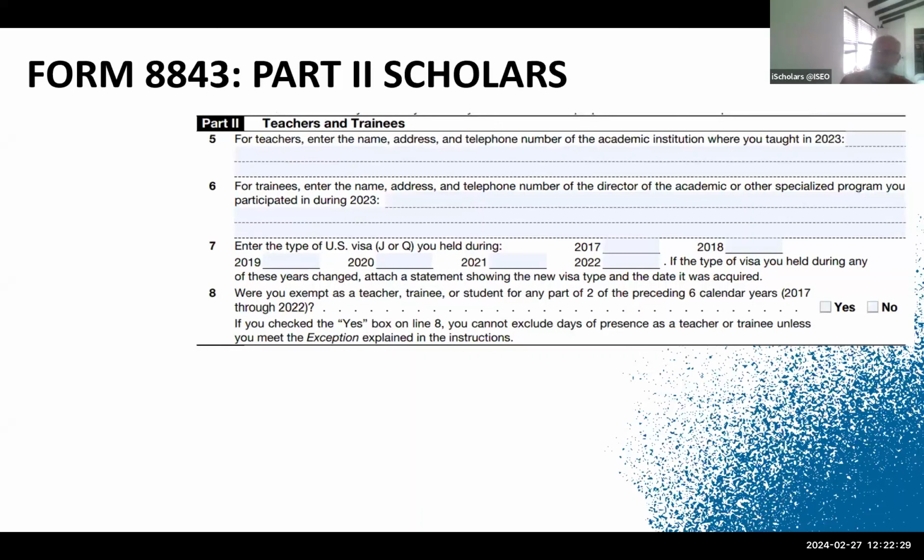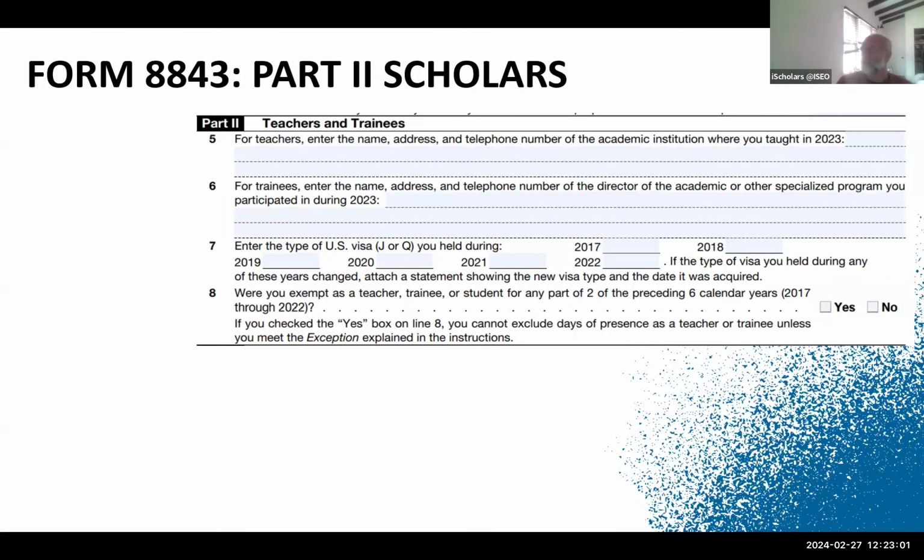Now let's look at part 2 for scholars. For teachers, enter the name, address, and telephone number of the academic institution where you taught in 2023. Taught is just a basic word that they're using, but basically this includes teachers and researchers, just anyone pursuing scholarly pursuits in a J1 classification, research scholar, professor, short-term scholar.